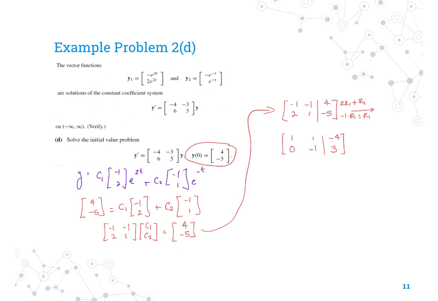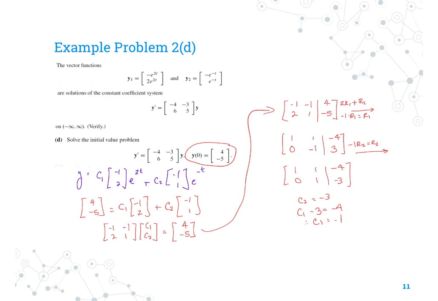Then negative 1 times row 2 is our new row 2. For our final step, we end up with 1, 1, negative 4, 0, 1, negative 3. So we find that c2 equals negative 3, and c1 minus 3 equals negative 4, so c1 equals negative 1.